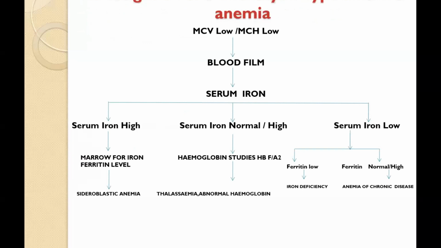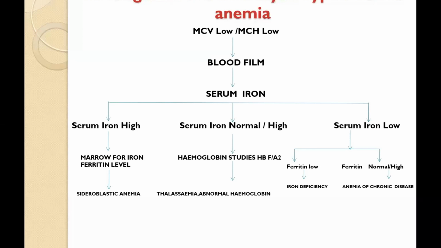In this case, we ask for serum iron. Generally, we ask for serum iron, TIBC, percentage saturation, and serum ferritin. If iron is low and ferritin is also low, it is suggestive of iron deficiency. If iron is low, ferritin is normal or high, it is suggestive of anemia of chronic disease.